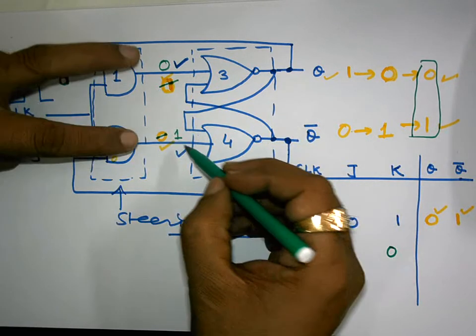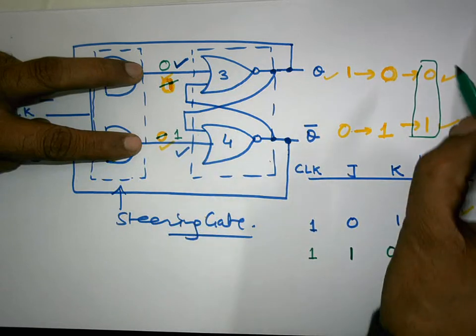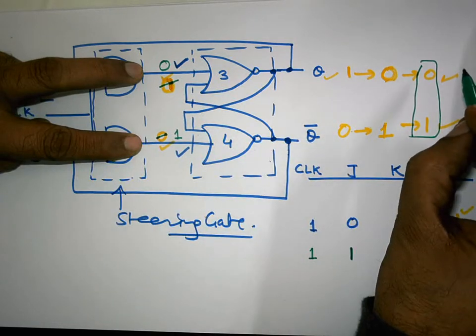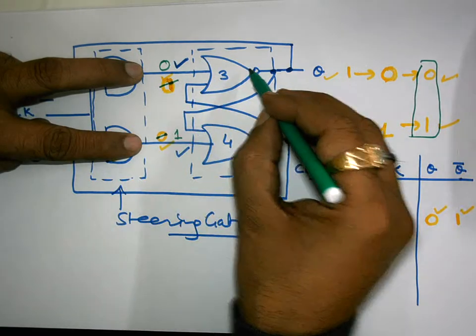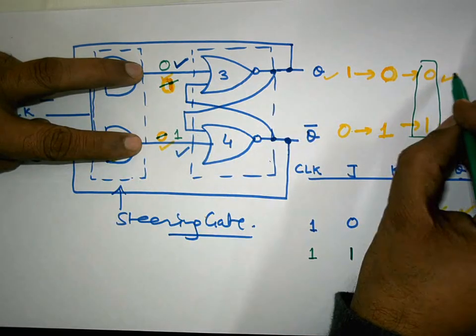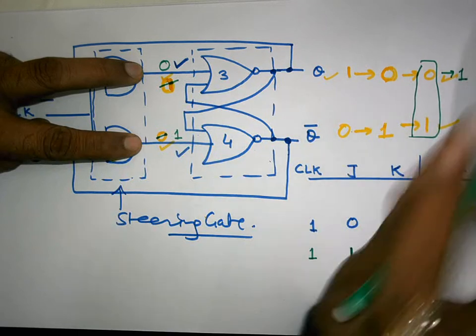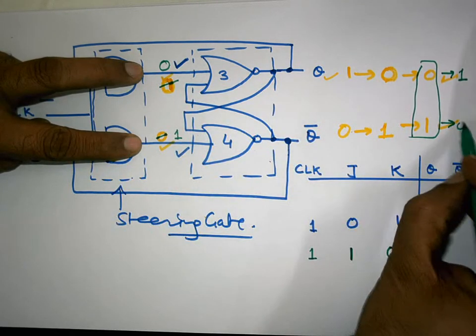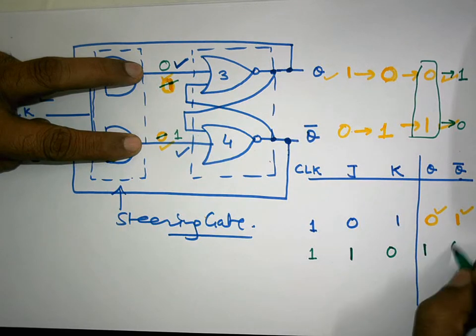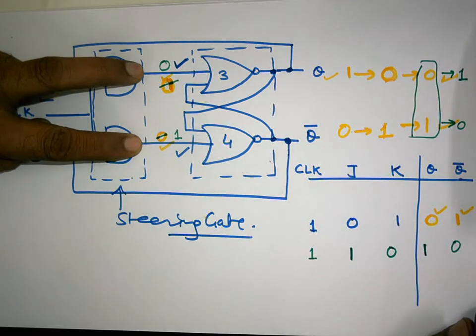Okay. What is going to be the output? 0 at the input of NOR is making it 1. Agreed with this? And 1 making it 0. This means this becomes 1 and this becomes 0.